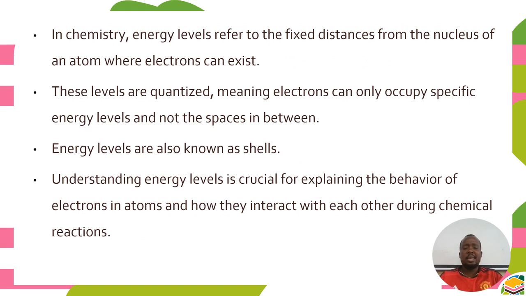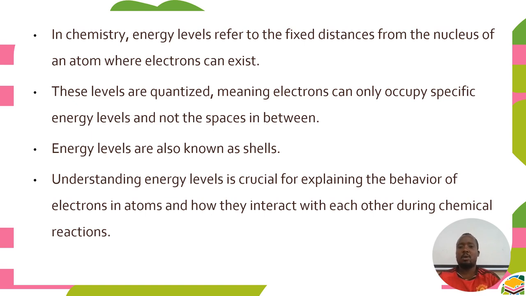Now, in chemistry, energy levels in particular refer to the fixed distances from the nucleus of an atom where electrons can exist. In other words, these energy levels are regions of higher probability, regions where you are most likely to find these electrons.